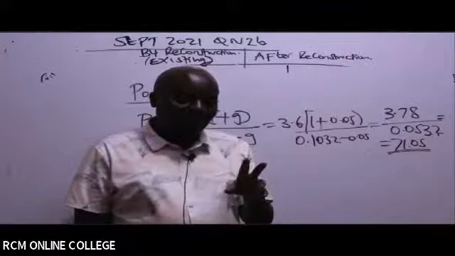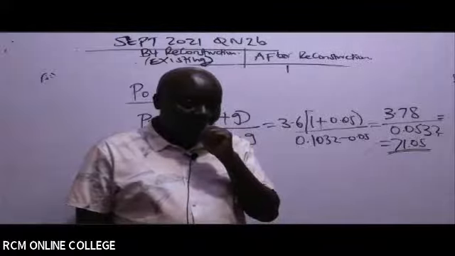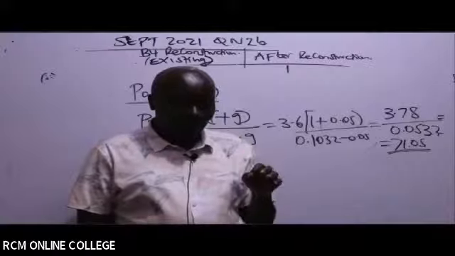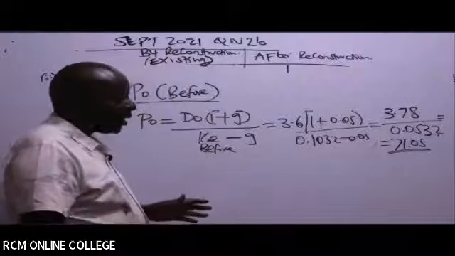Unless you came in a bit late, that is where we got that 10.32, which is divided by 100 because it is a percentage, to get 0.1032. So I hope that is okay.